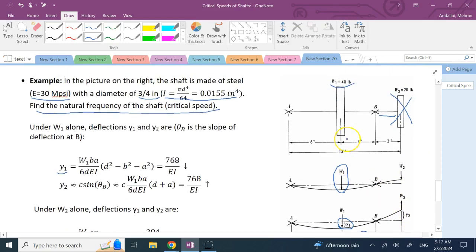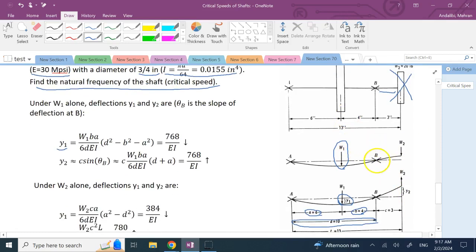Then how would you calculate Y2 for that scenario? Here we use an approximation. We find the slope angle of the beam at point B, and this angle we call theta B. Theta is the derivative of y with respect to x.